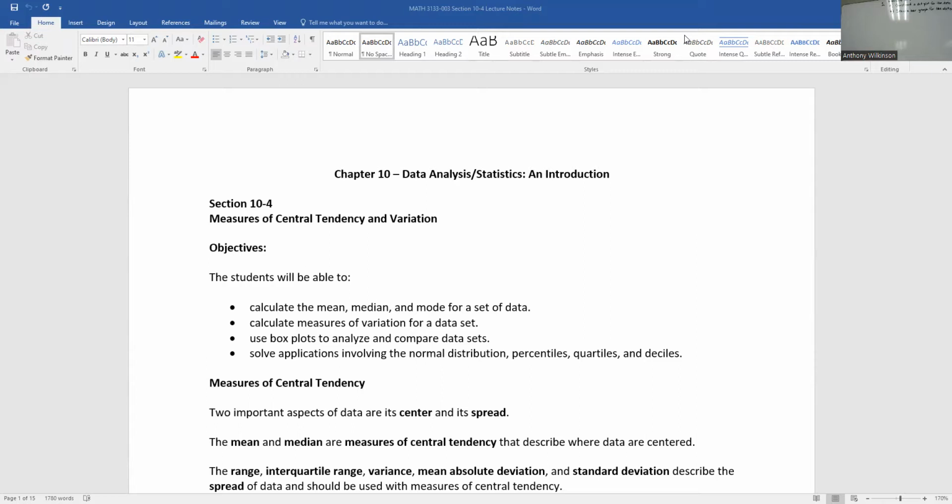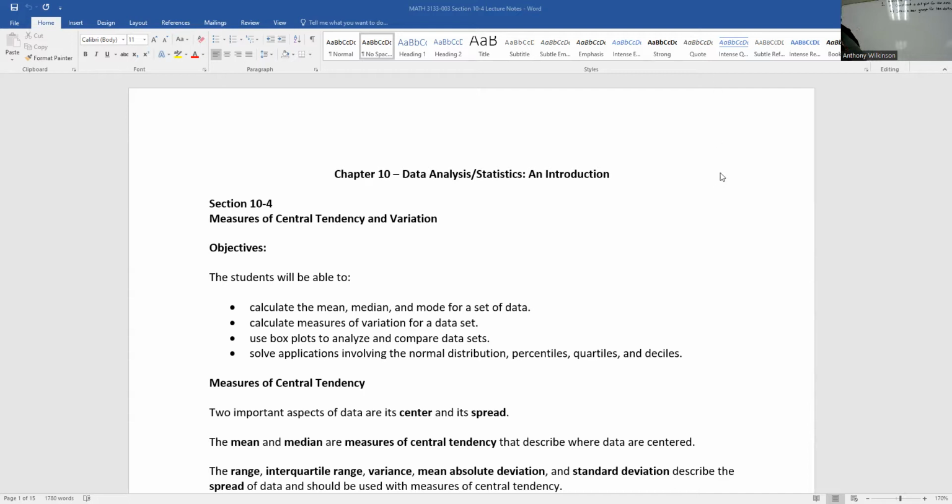What that means is finding the range, the variance, and the standard deviation of a data set. Also, we're going to use something called box plots, and that is to analyze and compare data sets. And I'll show you how to construct a box plot. Then we'll look at applications that involve the normal distribution, also percentiles, quartiles, and deciles.